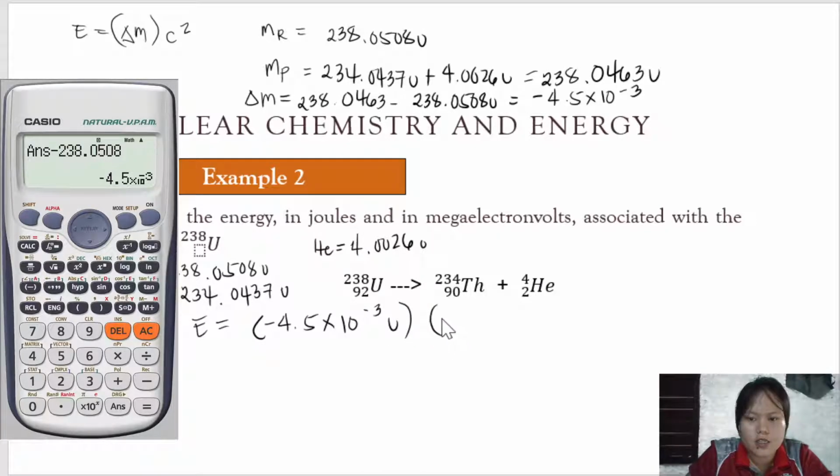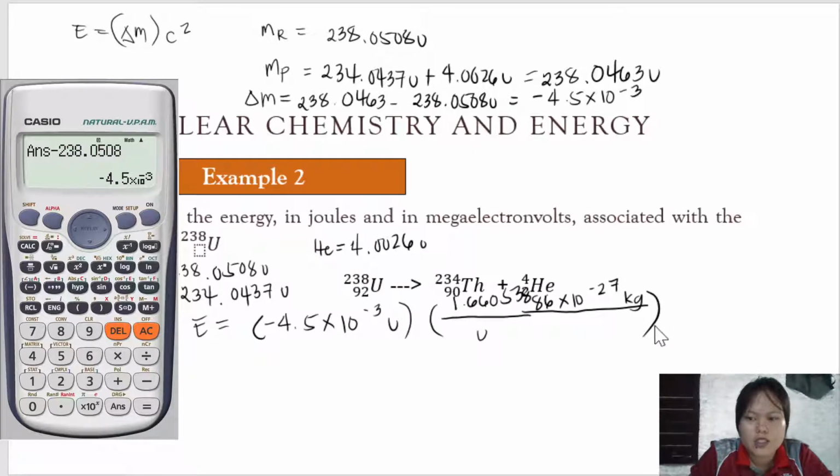So that's negative 4.5 times 10 raised to negative 3 U. I'm converting the U again. So 1 U is again equal to 1.6605886 times 10 raised to negative 27 kilograms.